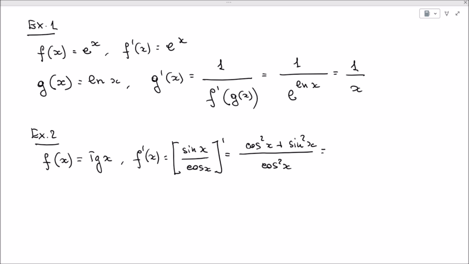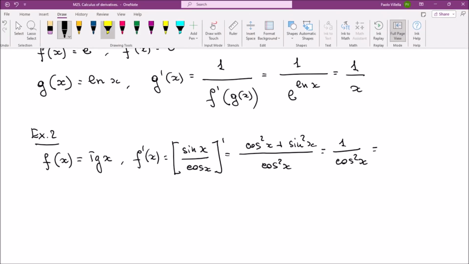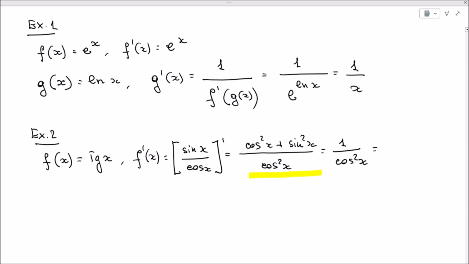We can rewrite this as 1 divided by cosine square of x. But there is also an alternative way of representing this. An alternative way is just using the fact that we can split the previous fraction into two parts.